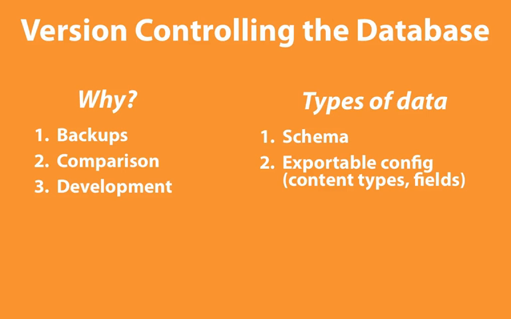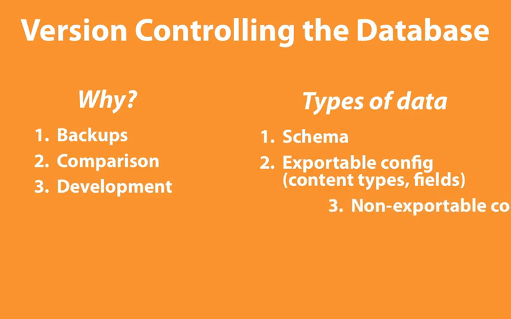Through Features, we can export content types, we can export fields, menus and menu items or vocabularies, and with some additional modules like Strongarm, we can export variables, which include tons of configuration on the site. We can export views, and we can export boxes, which is a souped-up version of the block module in Drupal.